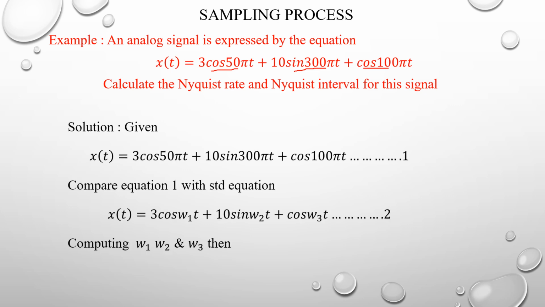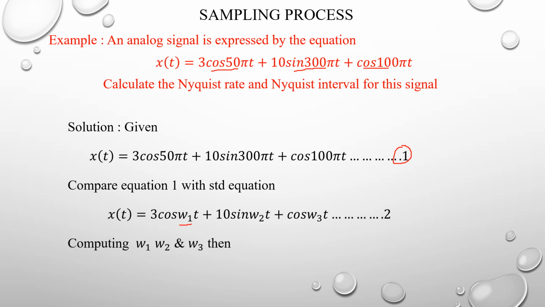So, given x of t is equal to 3 cos 50 pi t plus 10 sin 300 pi t plus cos 100 pi t. This is equation number 1. Compare equation 1 with the standard equation. We know that x of t is equal to 3 cos omega 1 t plus 10 sin omega 2 t plus cos omega 3 t.